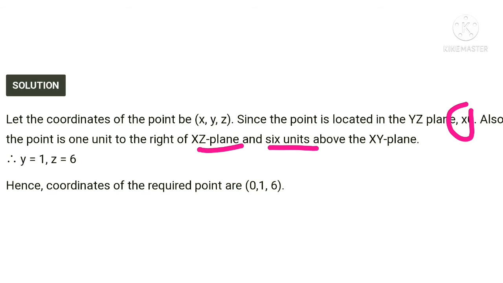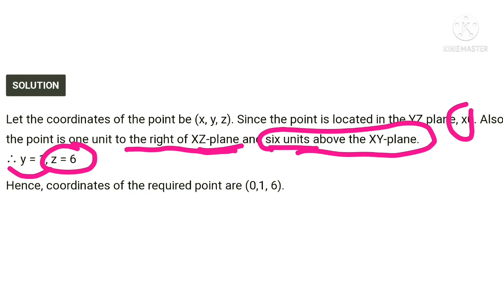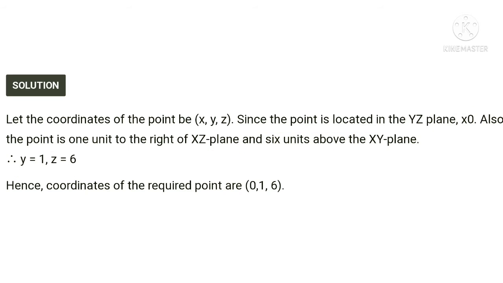See, 1 unit right to the xz plane, so we get y is equal to 1, and 6 units above the xy plane, so we get z is equal to 6. So the required coordinates of the point are: X coordinate is 0, Y coordinate is 1 and Z coordinate is 6.